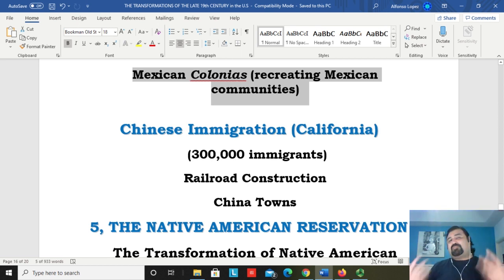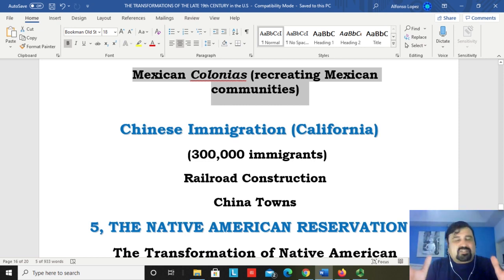So what they're doing is pretty much living together to recreate their own cultural and social environment. They try to build the same type of architectural designs for their homes, the way they lived back in Mexico. They preserve their languages, their folk traditions, their religions, their beliefs about medicine, coming from spirits and so on.